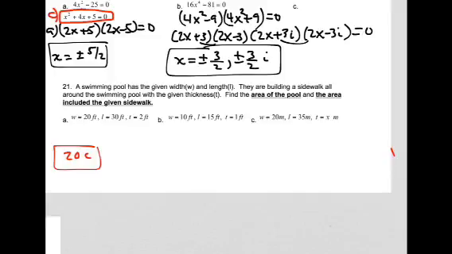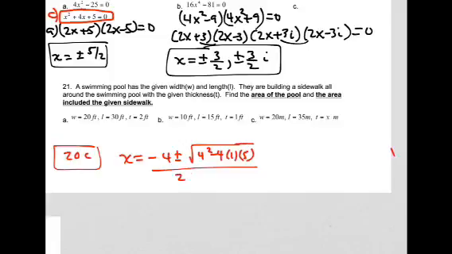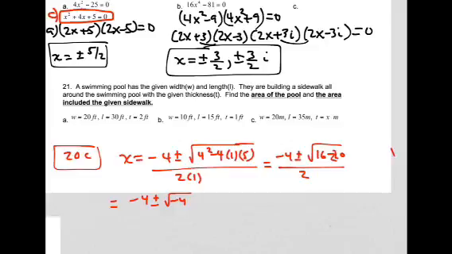Okay, and so x is negative b plus or minus the square root of b squared minus 4 times a times c all over 2a. So negative 4 plus or minus square root of 16 minus 20. So that's negative 4 plus or minus square root of negative 4. Okay, that's a 20 right there.